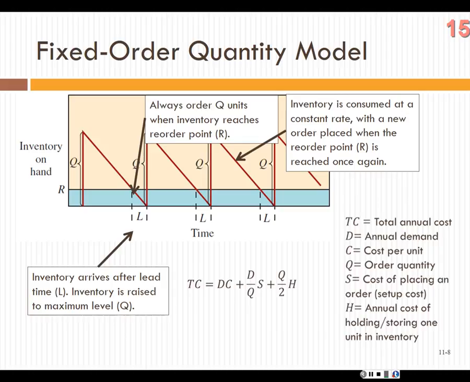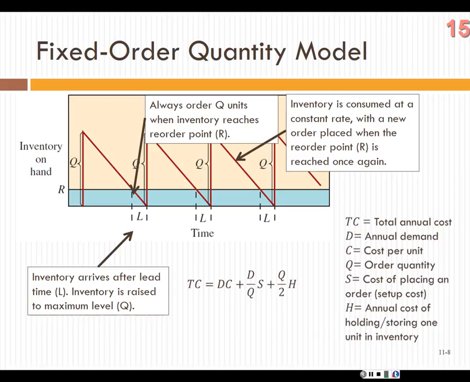So then Q is equal to the square root of 2 times the annual demand times the setup cost divided by the holding cost. I want you to understand that relationship, to make sure that you understand that where we get Q comes from the fact that we're setting our ordering costs and our holding costs equal to each other.